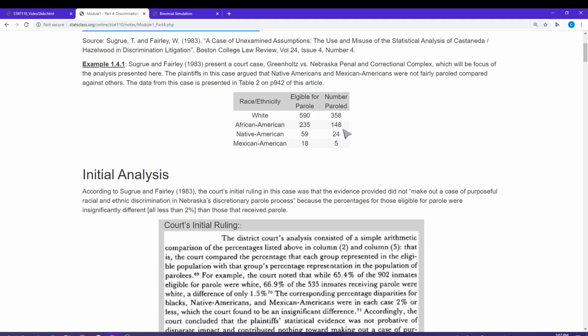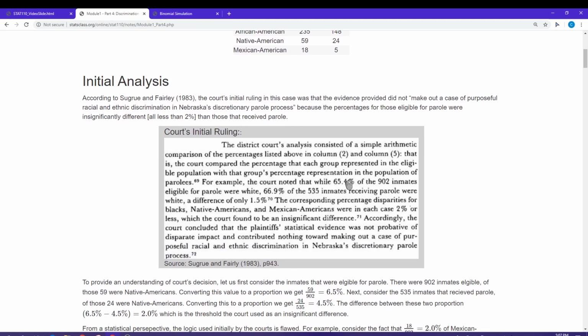So there were 535 that actually got parole, and 358 of them were white. If we compare those two percentages, 65.4% of the people eligible for parole were white, but 66.9% actually received parole. And that's a difference of 1.5%.